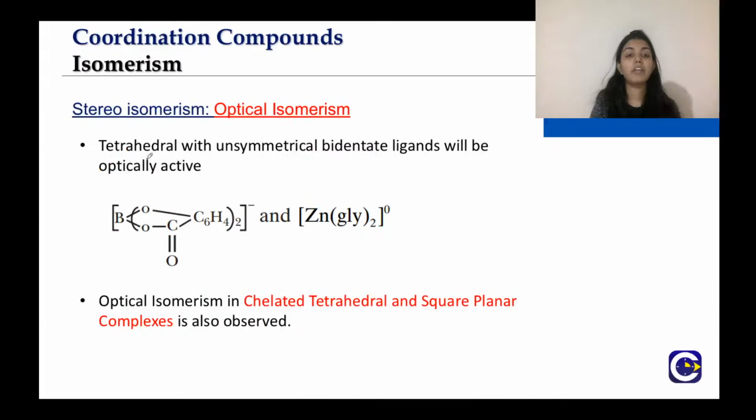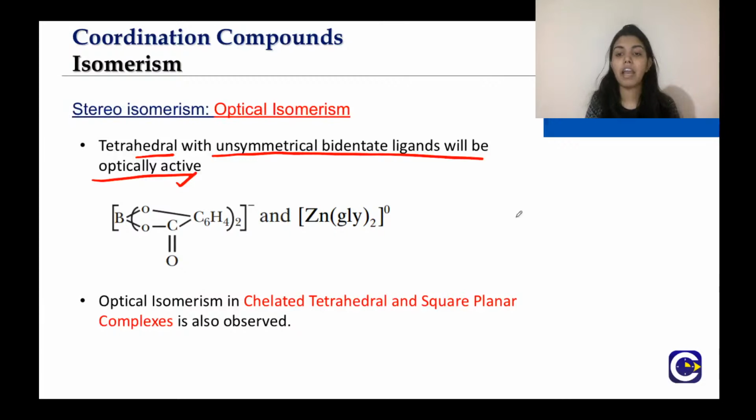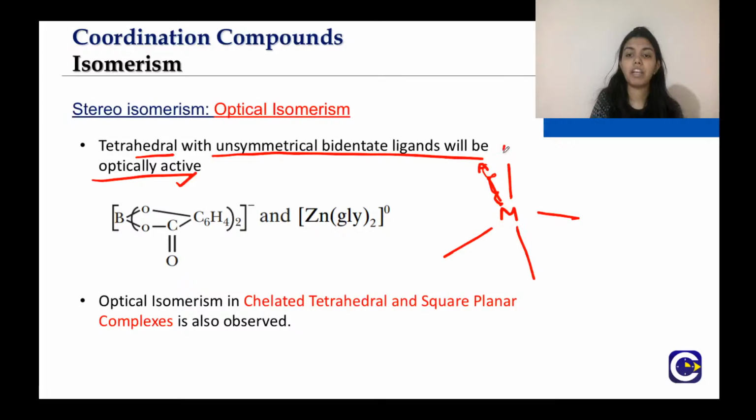Now next, tetrahedral with an unsymmetrical bidentate ligand will be optically active. For example, let us say that we are having a metal here, right? An unsymmetrical bidentate ligand we are having. So draw a tetrahedral structure first, 1, 2, 3, 4, somewhat like this, right? So A and B, let us say we are having unsymmetrical here and then unsymmetrical here.